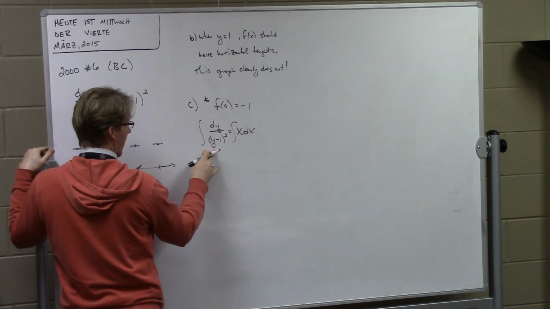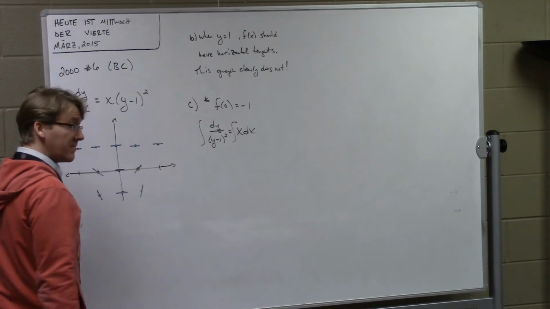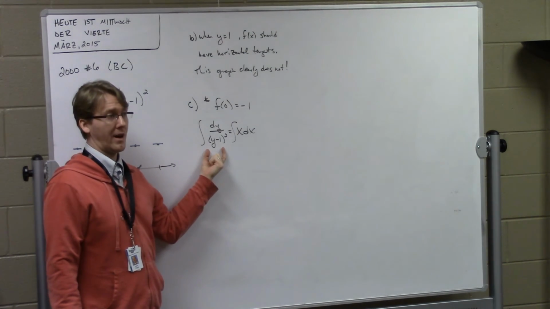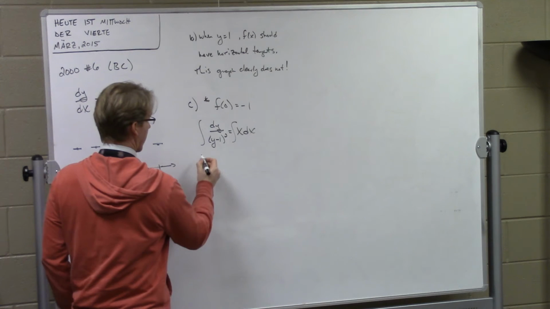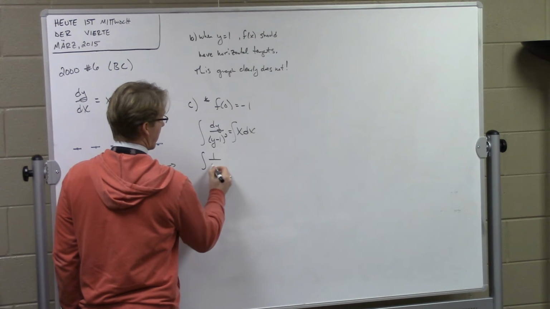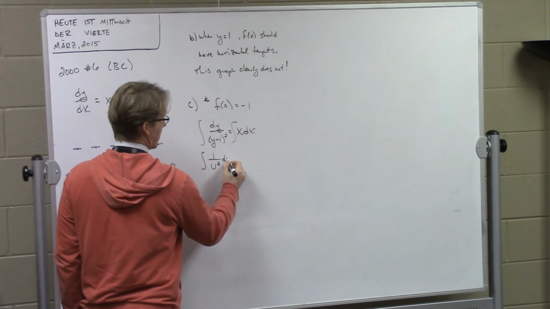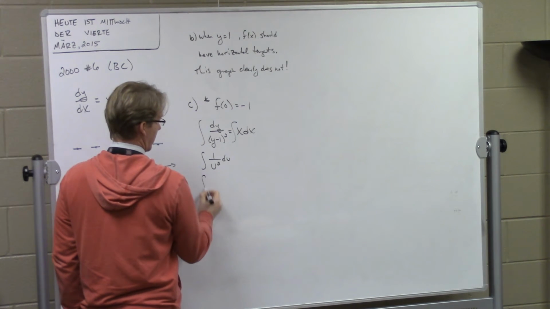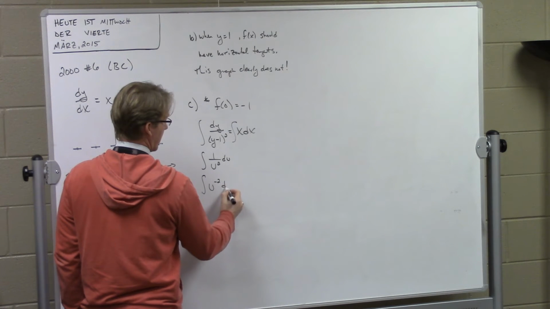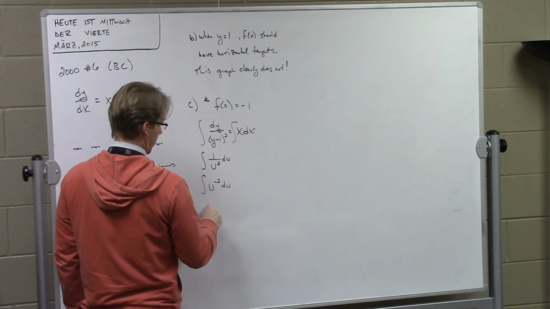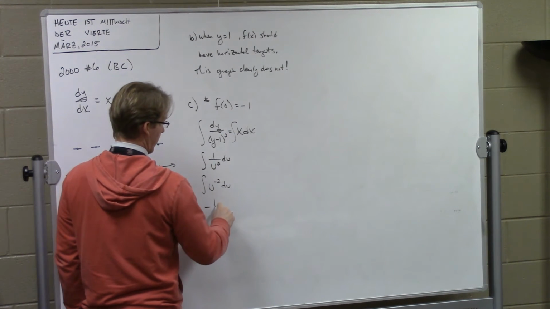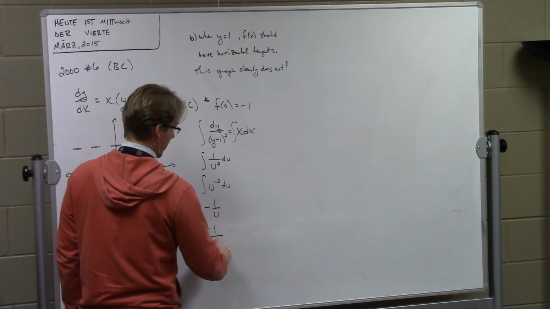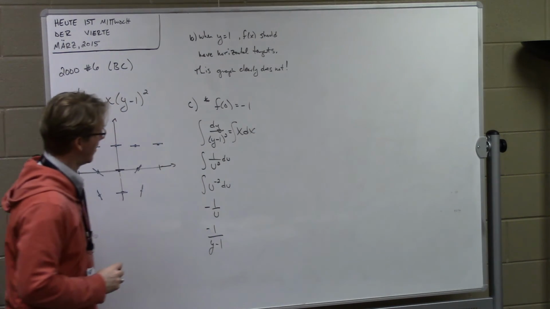I was thinking like tangent maybe, and it's like, no, it's not. If you let u be y minus 1, you get du equals dy, so it's a straight swap out. You end up getting, for this side, u to the -2, which is -1 over u, which is -1 over y minus 1.